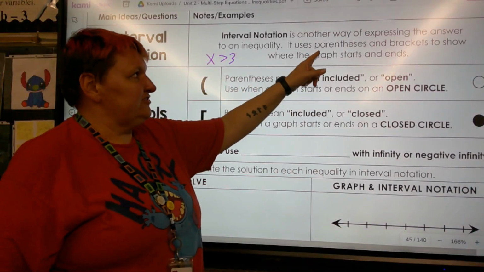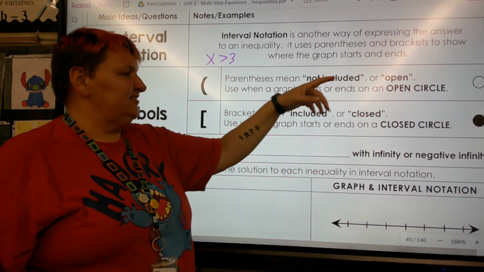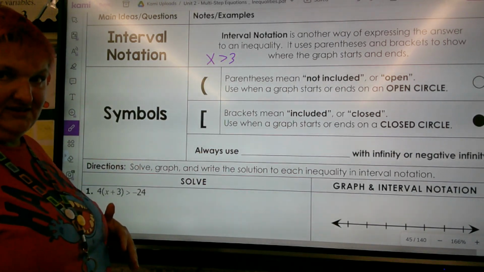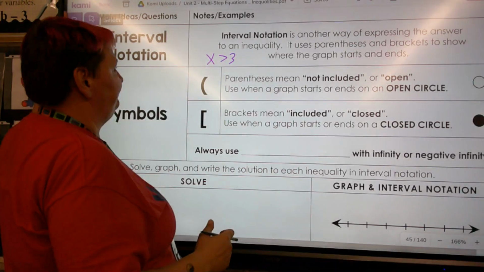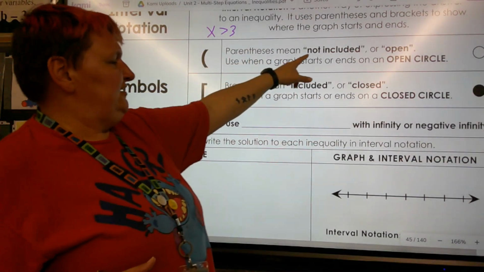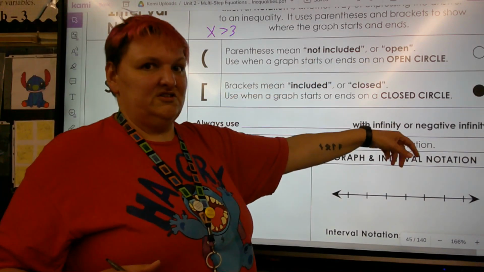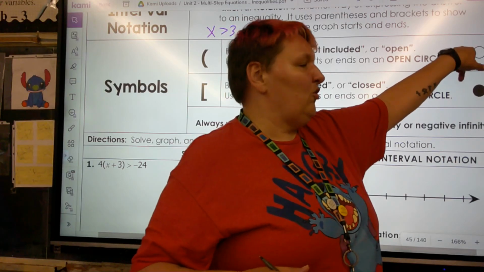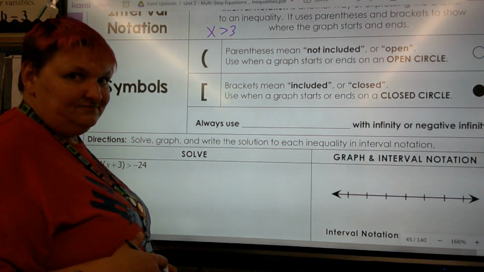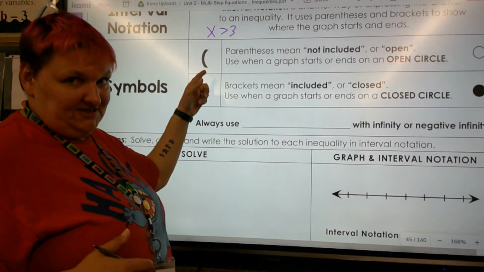We're going to introduce the concepts of parentheses and brackets to show visually where the graph starts and ends. We use parentheses when it means not included or open. So when your graph has the open circle, greater than or less than, then you're going to have a parenthesis.